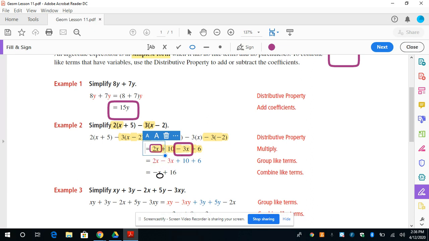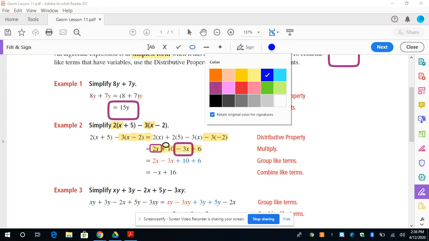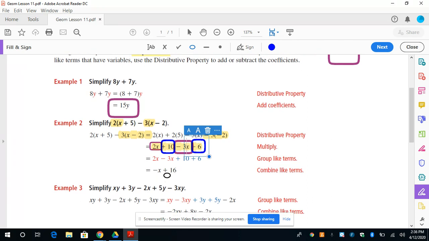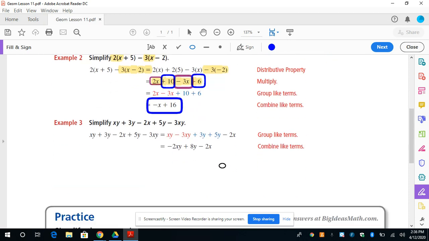That's why they have minus 3, which is a negative 1x. And then you add the numbers. The numbers are called constants. They can be combined with any number. So we have a positive 10 and we have a plus 6, sorry, it's a positive 6. And we'll put the 10 plus 16. So the final is negative x plus 16. This is your final answer. This cannot be combined together because this has an x and this one doesn't. Okay, so that'd be your final answer.